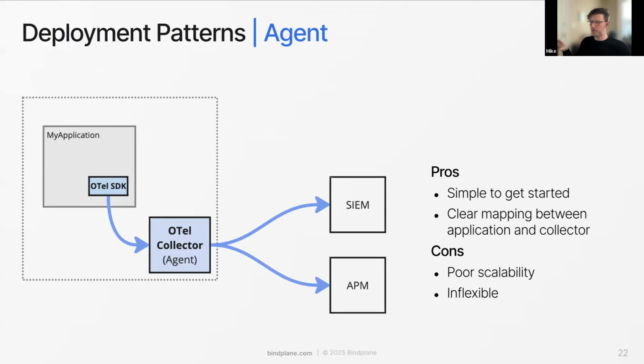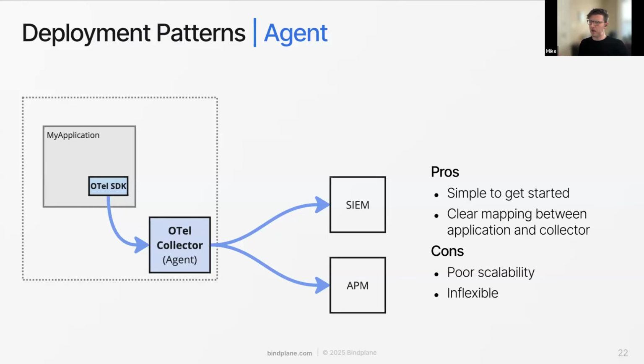And then when you get to a point of deploying, this is what I want to talk about next. There are a few patterns that you consider, and especially when you're talking about high scale environments, there are a few recommended patterns. So I'll walk through a couple of those, starting with the simplest.